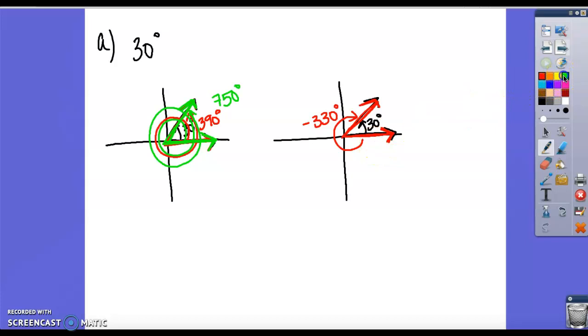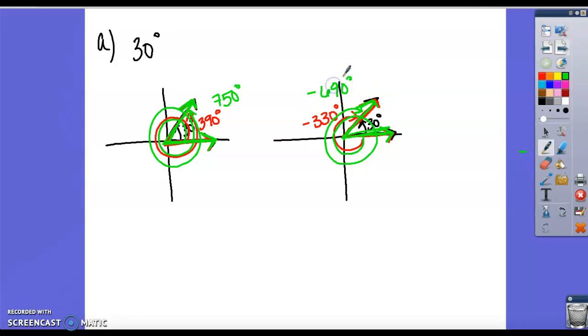So there's one coterminal angle that's negative. I could do another one by coming here and then going around another 360 degrees, and that would be negative 690 degrees.